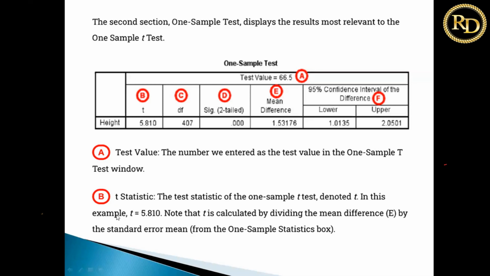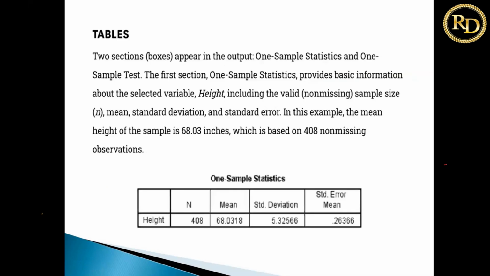In this example, the value of T is the calculated value, that is, x bar minus mu upon s upon square root of n. It means we calculate the mean of all the 408 persons' heights, and we consider its standard deviation, and then we calculate the T value: x bar, the sample mean, minus mu, the population mean.